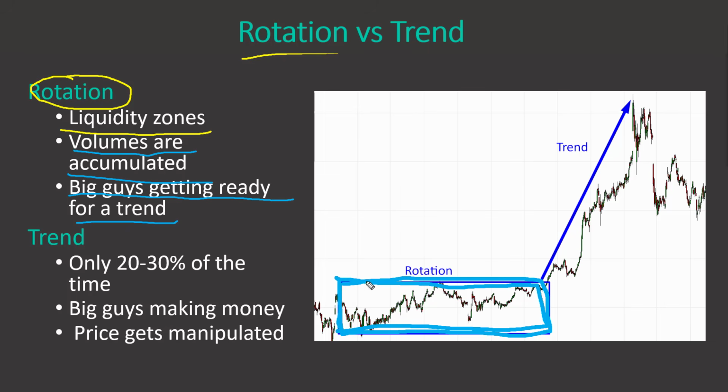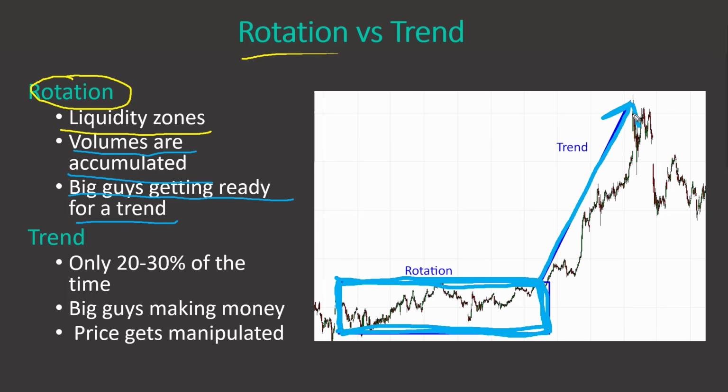Now, after those huge trading institutions accumulate their trading positions in a rotation, what happens next is that those guys need to start a trend to make those huge positions profitable, right? So after a rotation, there's always a trend, like here.